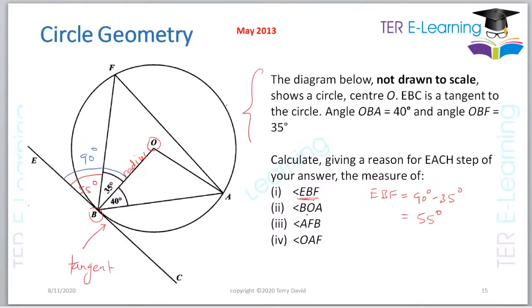So the next thing they want us to get is angle BOA. BOA is this angle here. All right, that's what they want us to find. All right, so what is angle BOE?